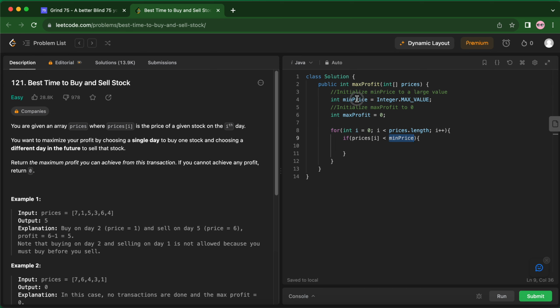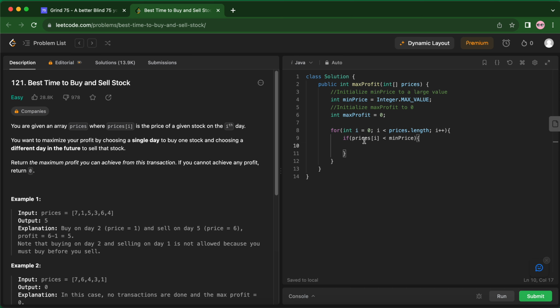Of course it is less than our min price because we have initialized it with a very big number. And of course you cannot initialize this with 0. You can initialize it with 100, 200 for this use case, but the right answer is to initialize it with the maximum integer value, which is Integer.MAX_VALUE.